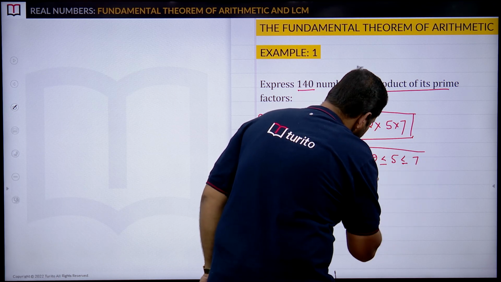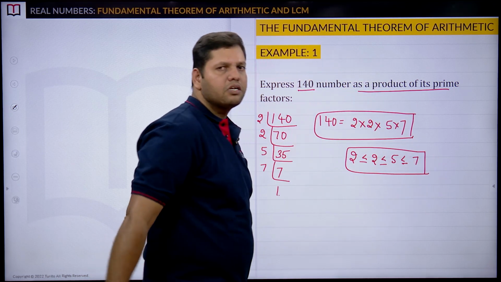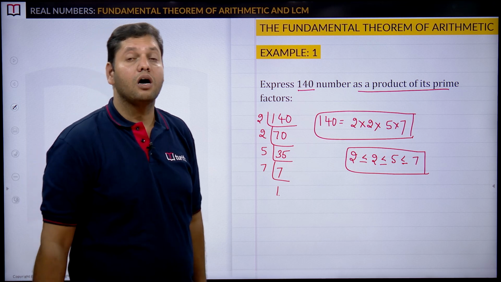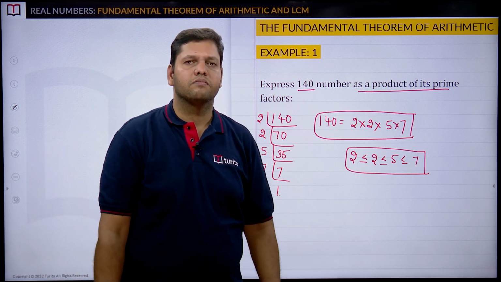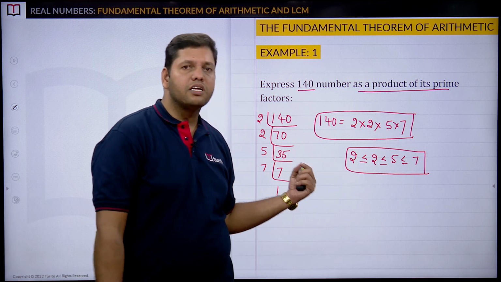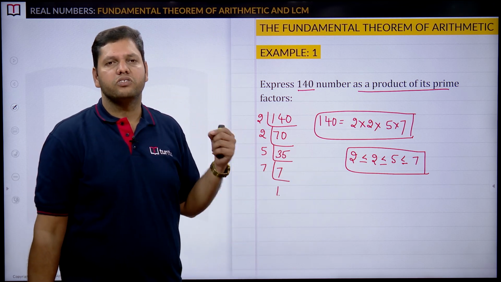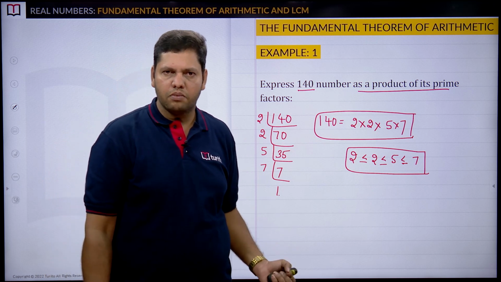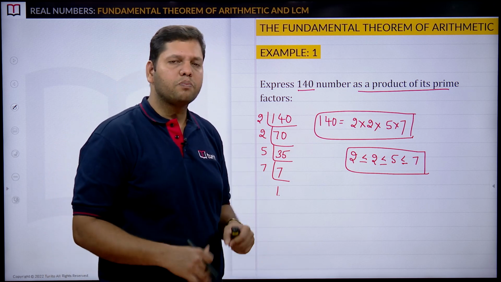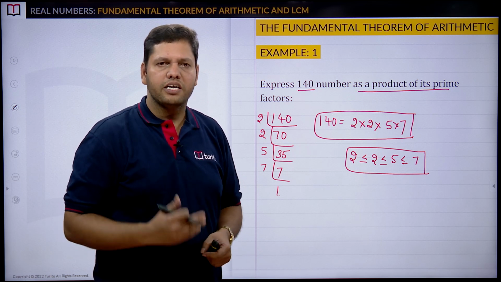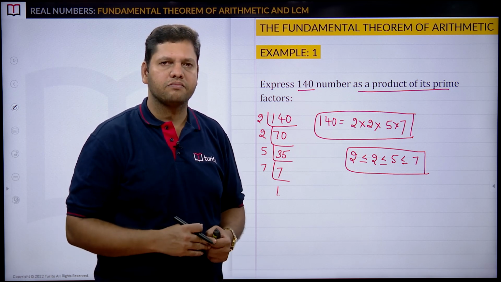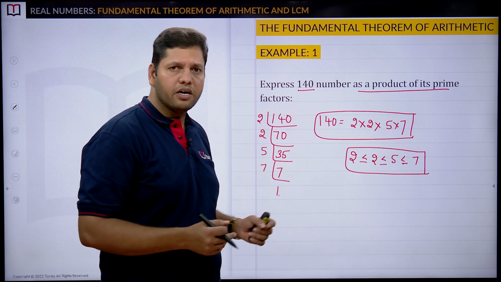This is the way we can represent all the factors of any composite number. Clear, children? Any doubts regarding this example? The example is very simple, children. First, I am finding all the prime factors of the given number, and I am writing them in ascending order. Ascending order means from a small number to a bigger number. Clear, children? Any doubt regarding this question?